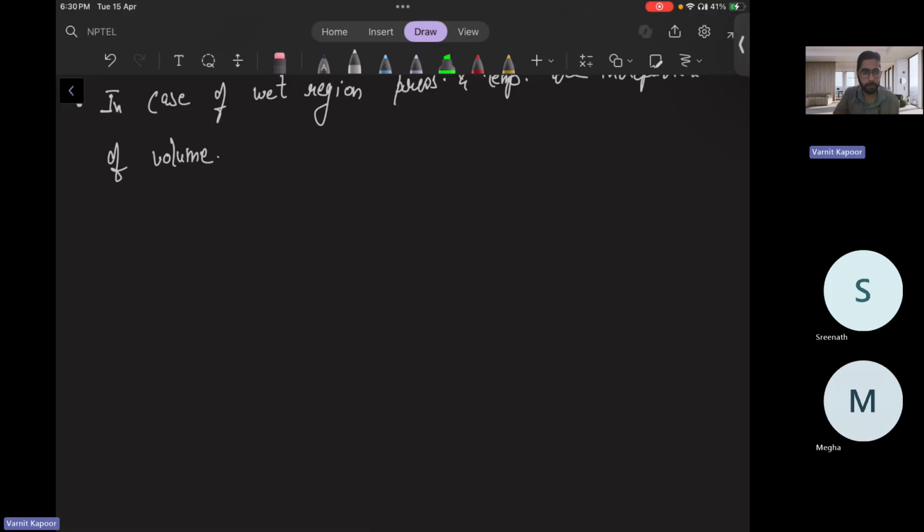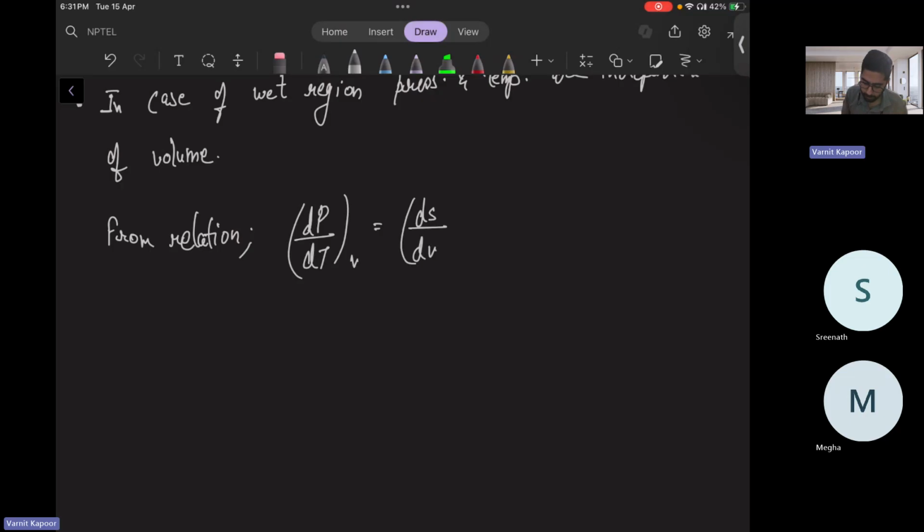So from one of the Maxwell relations, which we derived from the four Maxwell relations, dP by dT at constant volume is nothing but dS by dV at constant temperature.